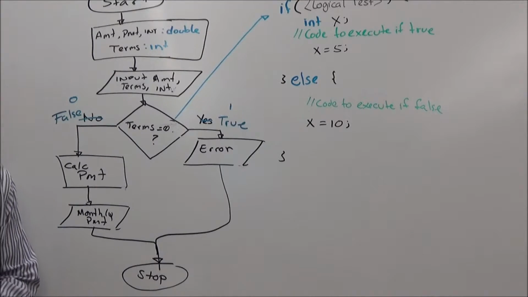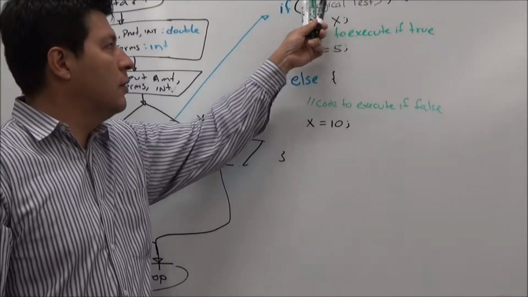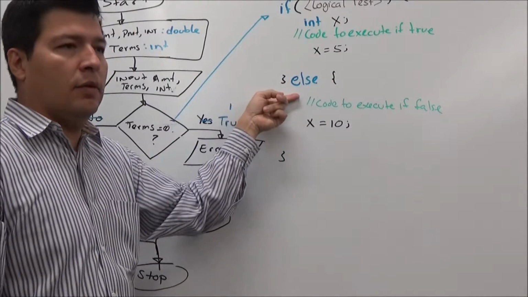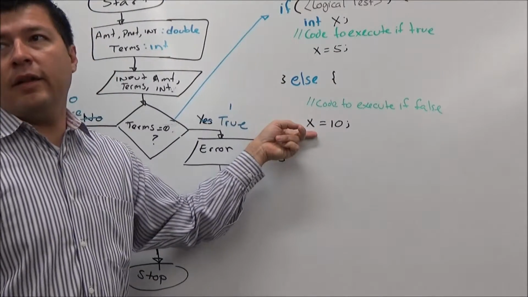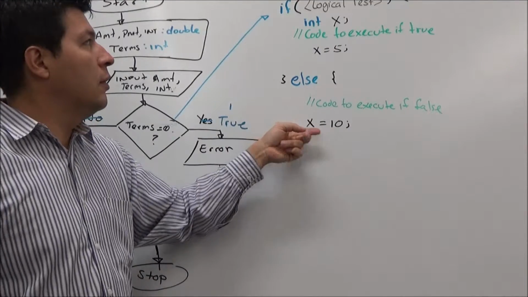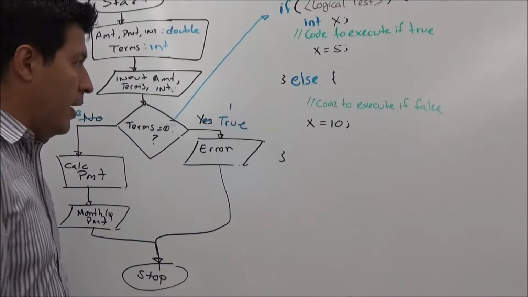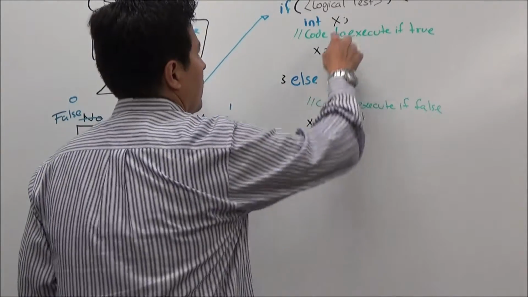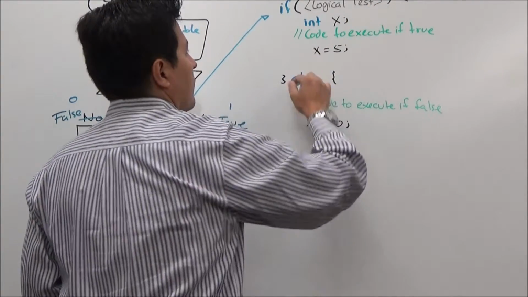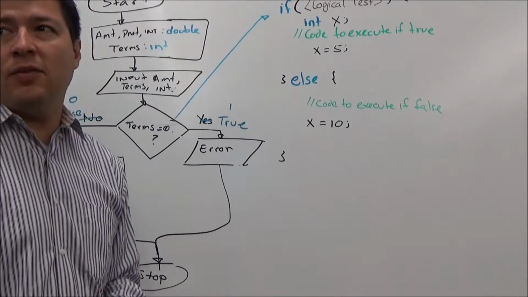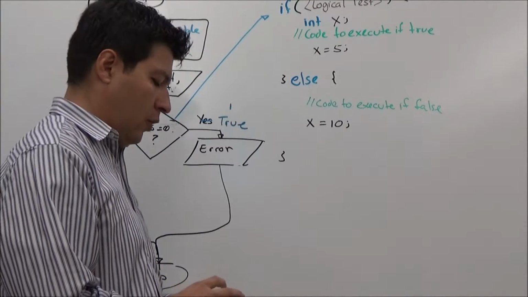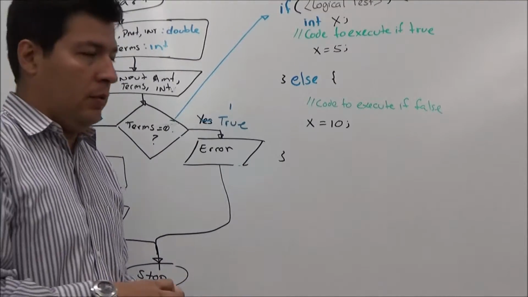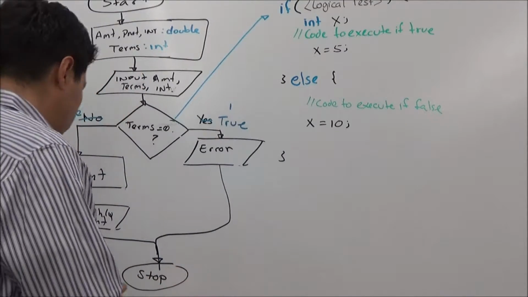Exactly. Because if this becomes false, this code never gets executed, right? So it goes straight to the else. x is never defined. Because x is defined inside this set of curly brackets, therefore I cannot use it outside of those curly brackets. It will be an out-of-scope variable if I try to use it somewhere else.